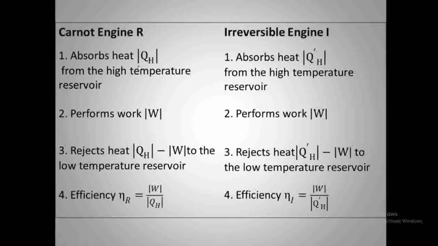The Carnot engine absorbs QH quantity of heat from the high temperature reservoir. At the same time, the irreversible engine absorbs Q dash H from the high temperature reservoir. It performs a work W, and this irreversible engine also performs the same work W. Let us consider that the two engines have the same output W. These two perform the same work W on the surroundings.